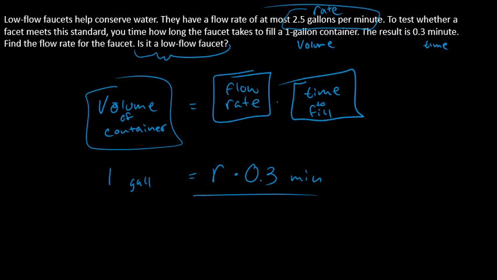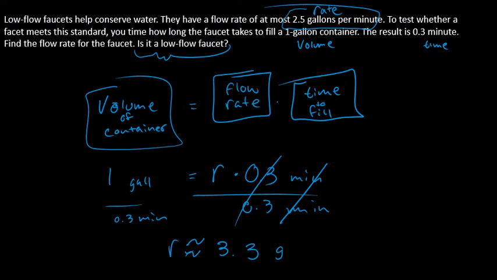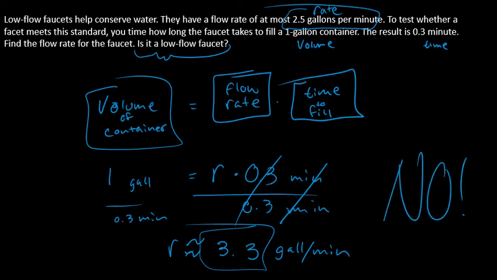I want to divide by 0.3 minutes. My units cancel out. So r equals approximately 3.3 gallons per minute. To actually answer my question, is it a low flow faucet? No, 3.3 is greater than 2.5, so it's wasting a little bit more water. So your actual answer is going to be no.